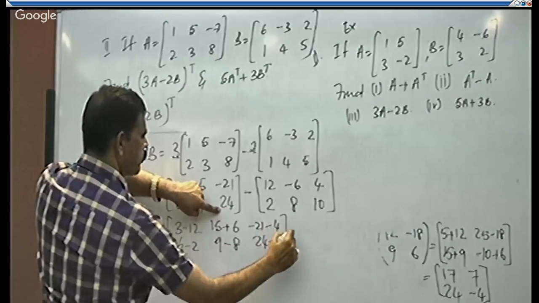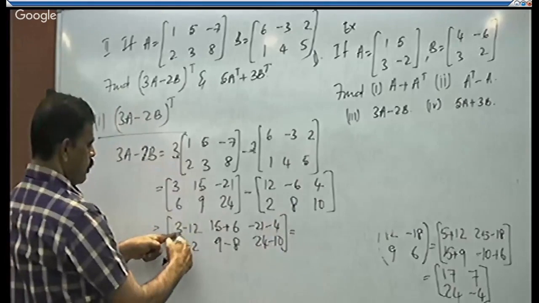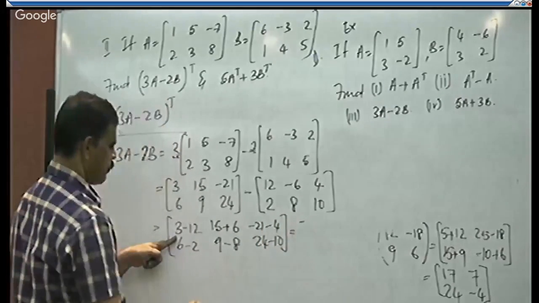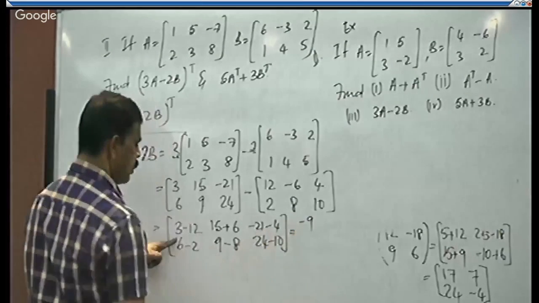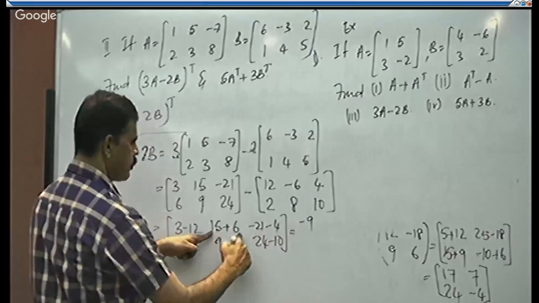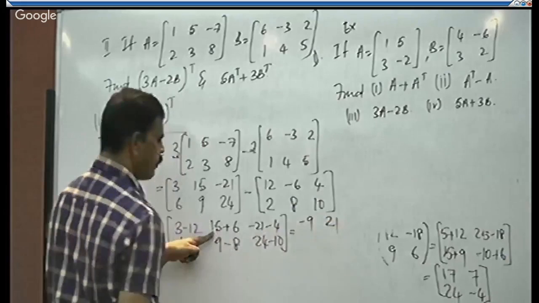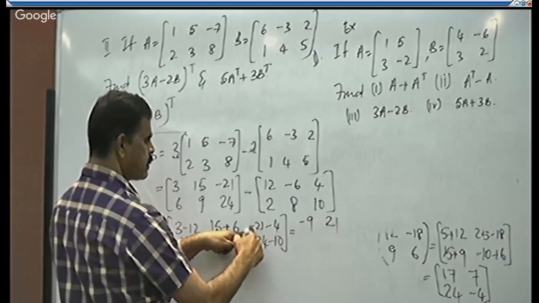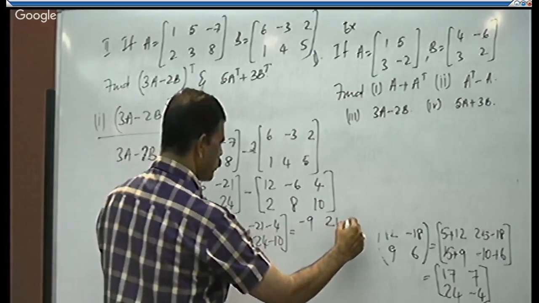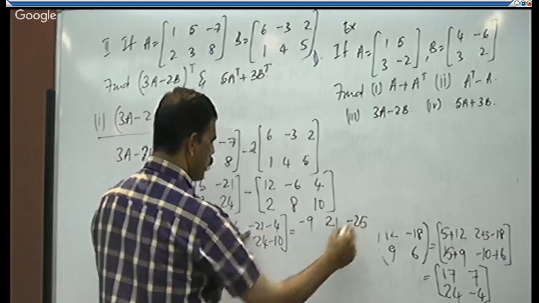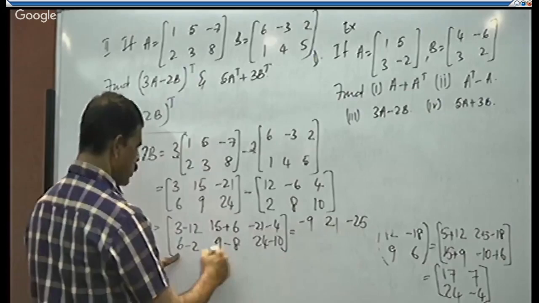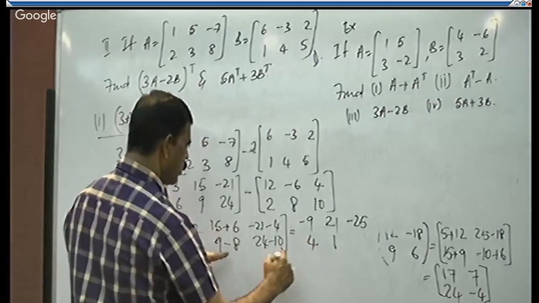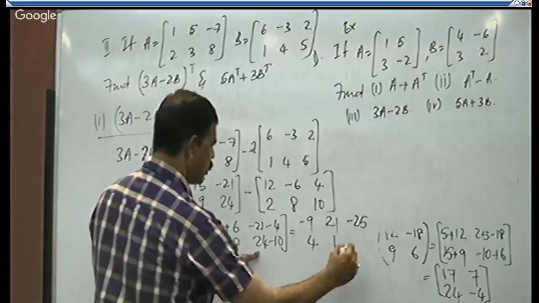Write the answer. 3 minus 12, it is minus of how much? 9. 15 plus 6, it is 21. Minus 21 minus 4. Signs are same. Then we have to add the numbers. Minus 25. 6 minus 2, it is 4. 9 minus 8, it is 1. 24 minus 10, it is 14.